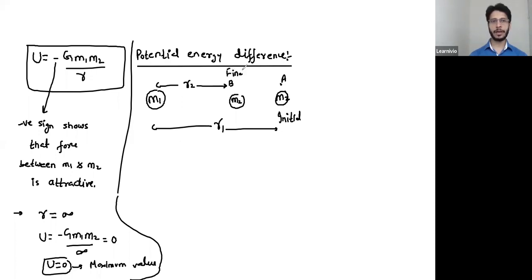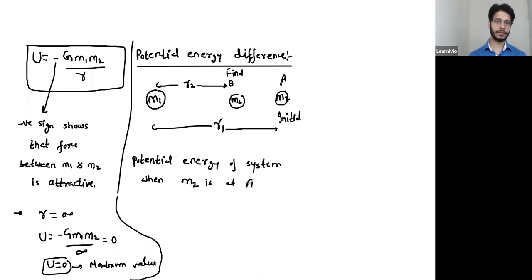Now, since R1 and R2 both are finite separations, at position A the system will have some potential energy, and at position B the system will have some potential energy. So, potential energy of the system when M2 is at A. Fazil, what is the expression of potential energy when M2 is at A?